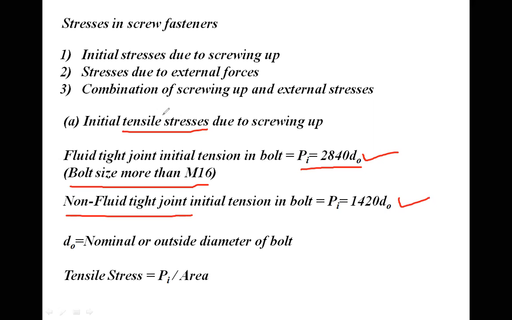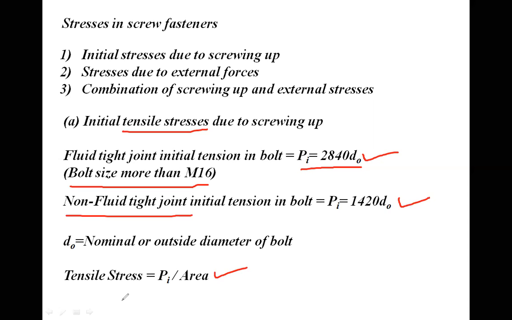When we think about the tensile stress on the screwing up of the screw, the tensile stress is equal to the initial tension Pi divided by area. Area is obviously pi by 4 d square. So this is the first stress that we have to consider in the screwing up.